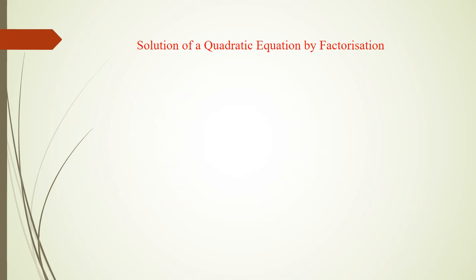Let me explain in a simple manner with an example, that is example 1 I am considering here. Find the roots of the equation 2x square minus 5x plus 3 is equal to 0 by factorization method. Now, as I mentioned in the previous slide, in order to arrive at a solution by factorization method, the middle term, that is 5, if I closely have a look at this and compare it with the standard form of quadratic equation, this is minus 5.